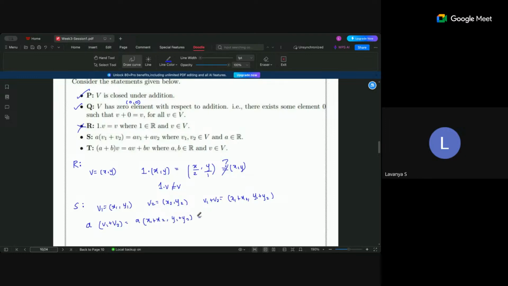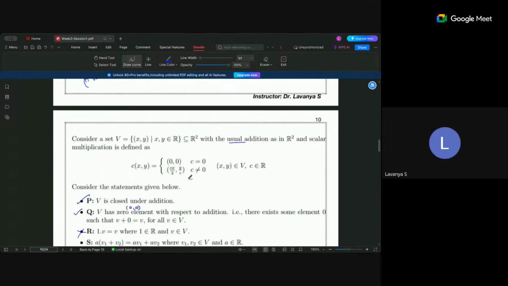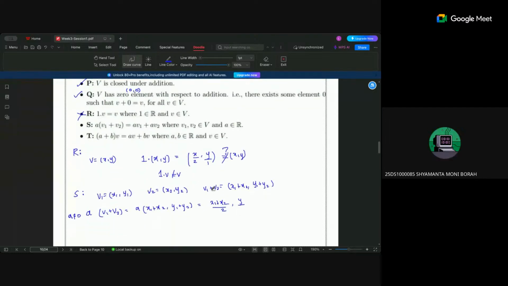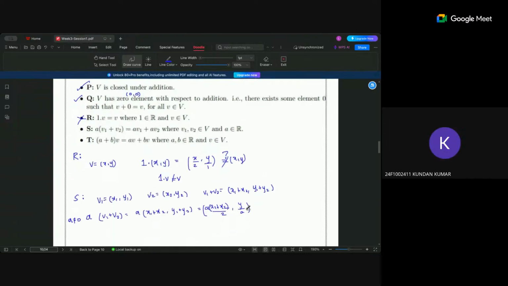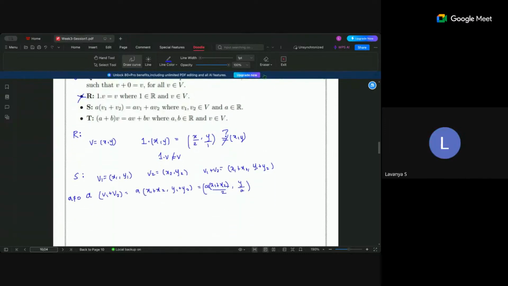According to the definition, let us assume that A is non-zero. Then it is (A(x1 plus x2)/2, (y1 plus y2)/A).